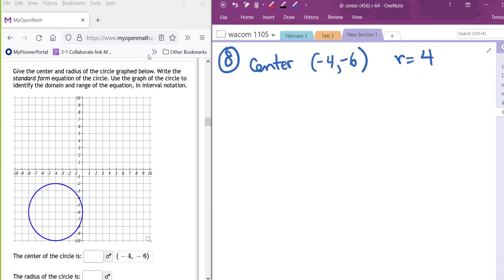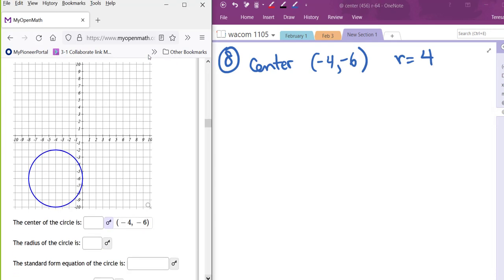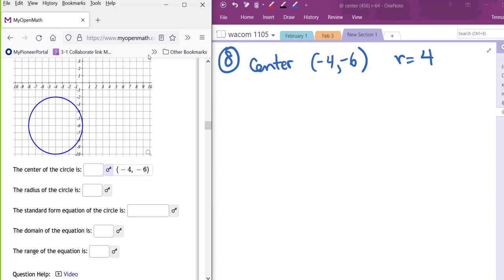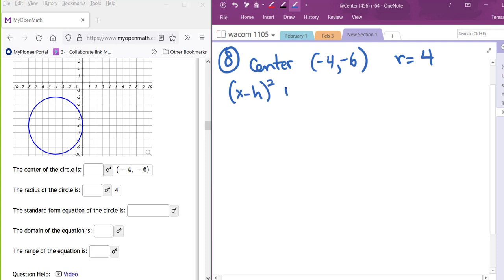And let's see what else they ask. I want to keep the picture. All right. So this one should be 4. We'll make sure. Right, they want us to give the standard form of the equation of the circle. So you want to do x minus h squared plus y minus k squared equals r squared. So you're going to plug in. So we're doing minus a negative.